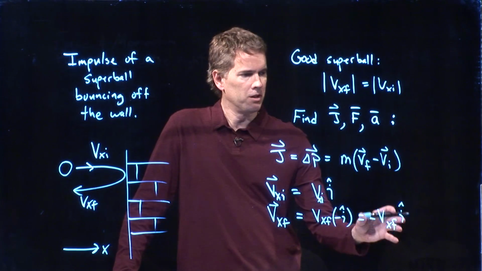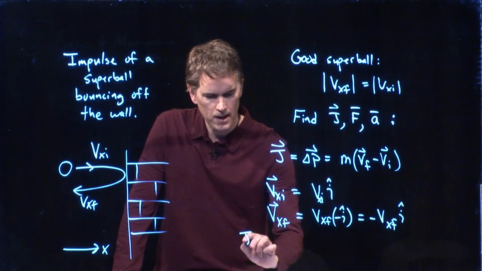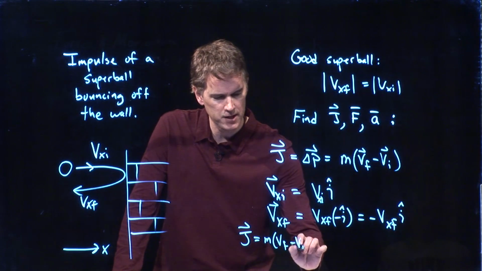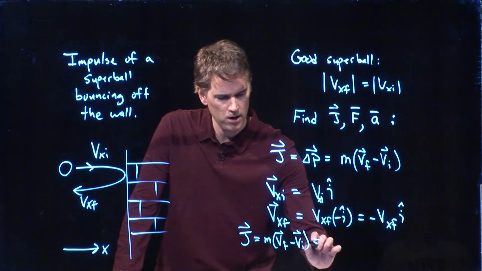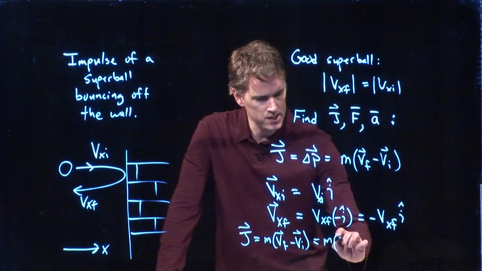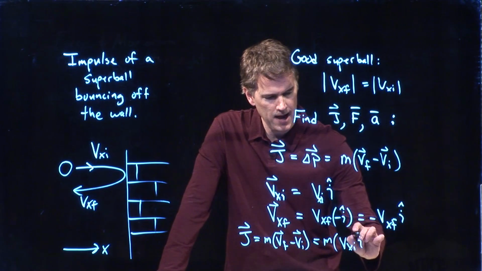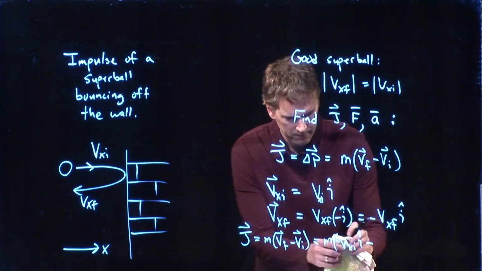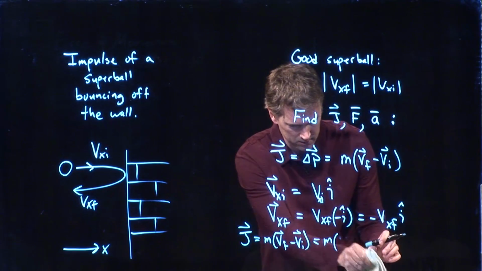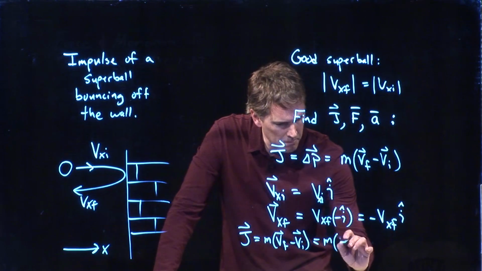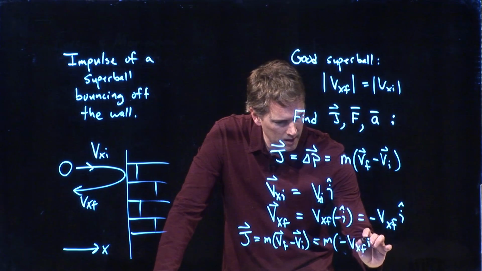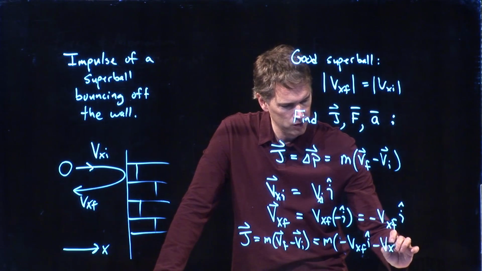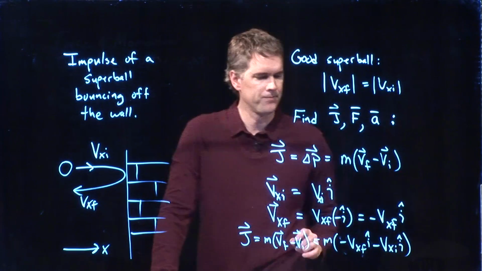And this is the key, because now when we go back to this equation, what happens? J is equal to m times (Vf minus Vi). And now we know what they are. It is Vx initial times i hat minus, sorry, I had that one backwards. Vx final is minus Vxf i hat, and then we're subtracting Vx initial times i hat.